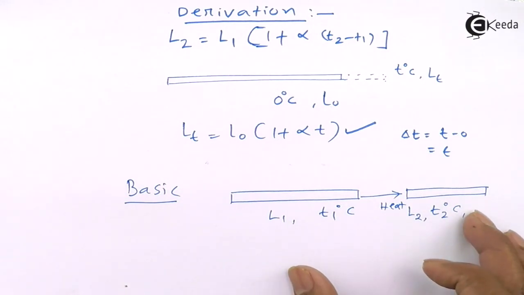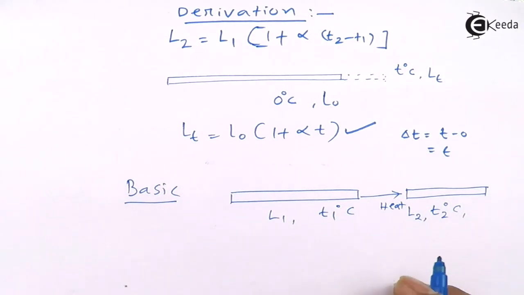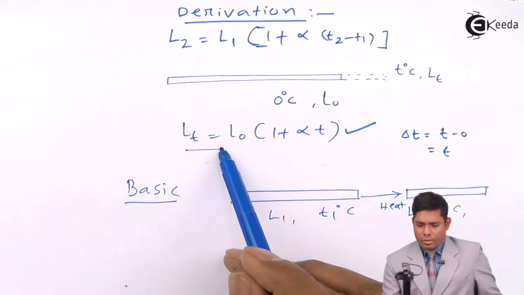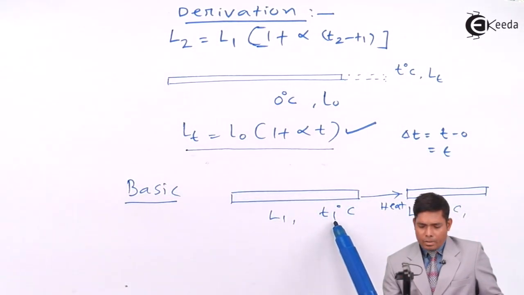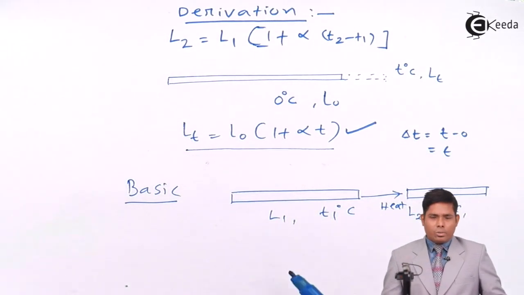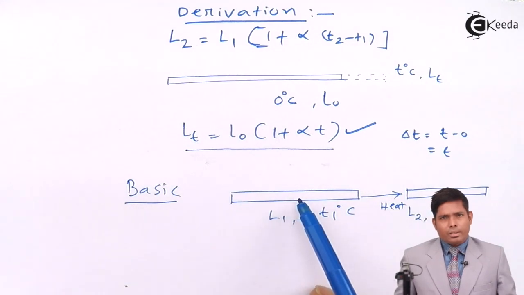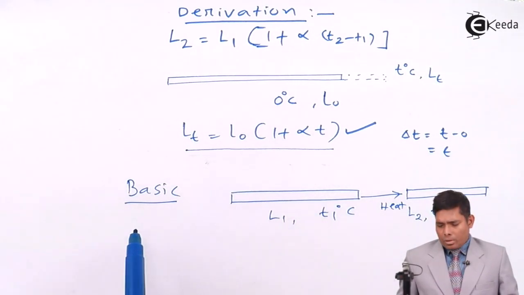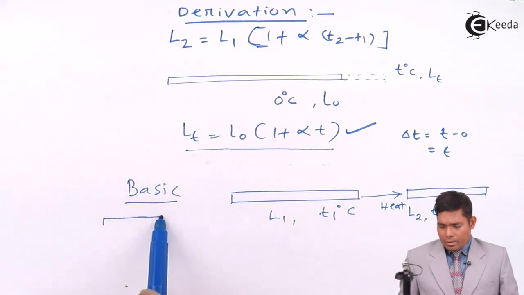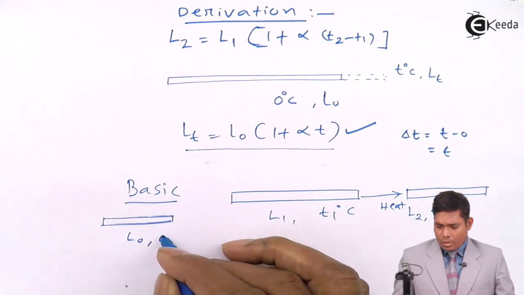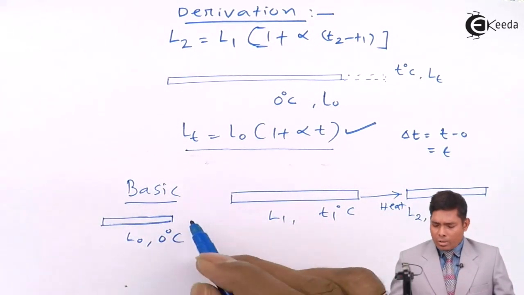Now I will introduce the concept that we have learned so far. Its temperature is T1 degree centigrade, but I'll assume that its length is L0 at temperature 0 degree centigrade. So I'll assume the length is L0 as usual, corresponding to 0 degree centigrade, but it's not given.